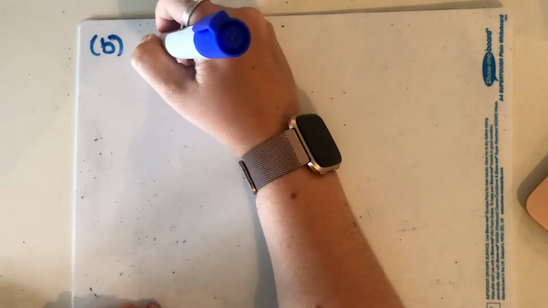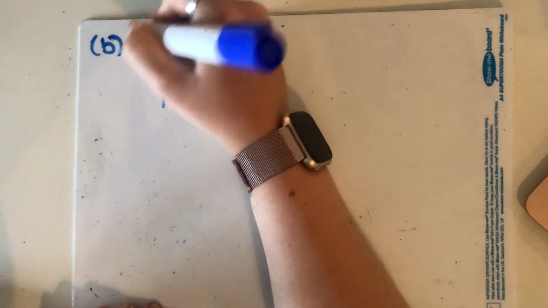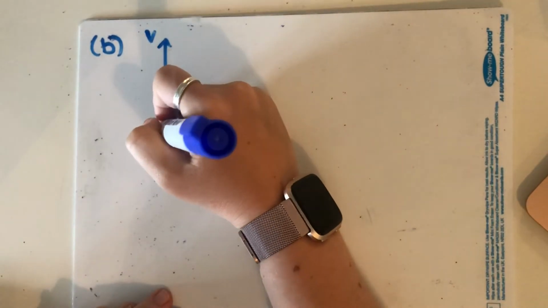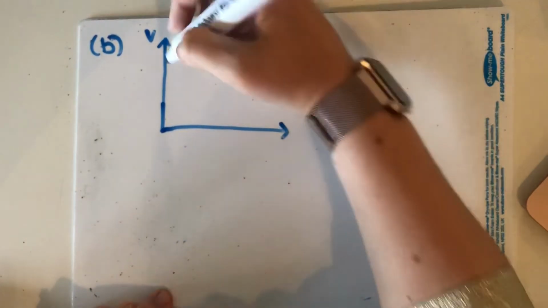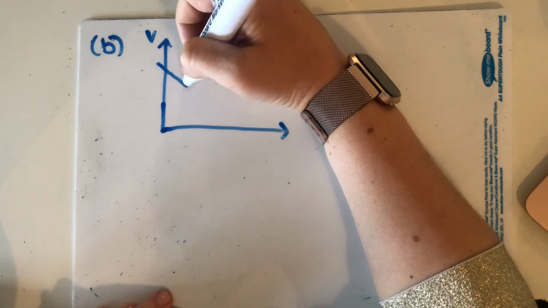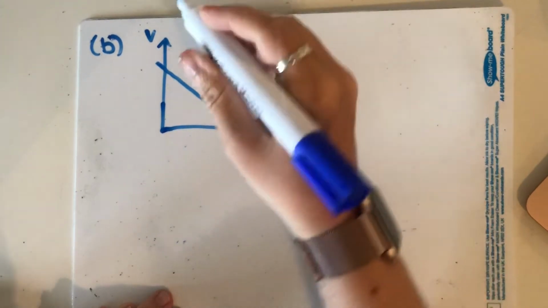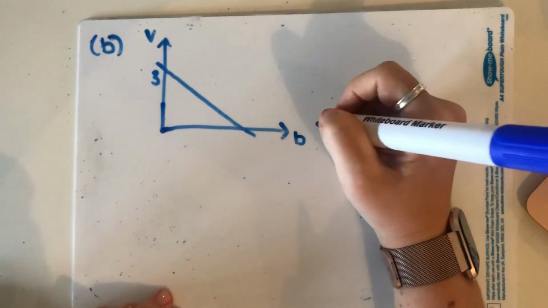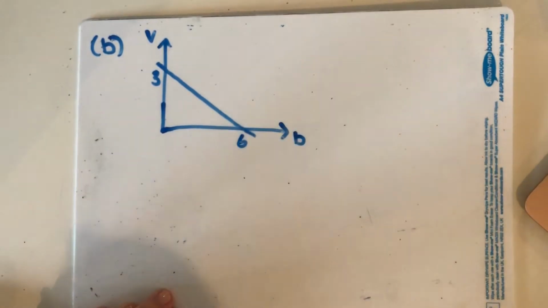Okay, part B. For part B, I'll just quickly draw this one out so you can see where I'm getting the numbers from if you've not got the PowerPoint up in front of you. So we've got a straight line here going through 3 on your y-axis and 6 on your x-axis.